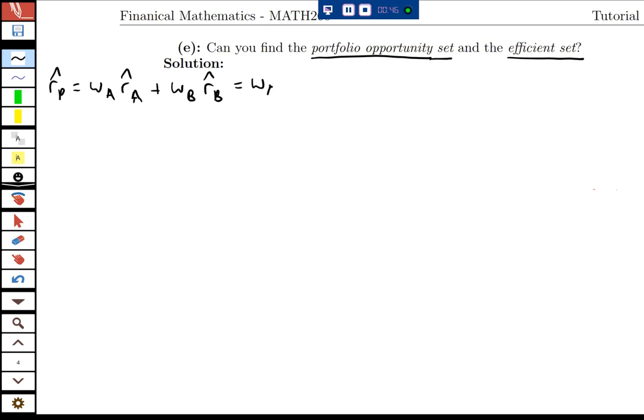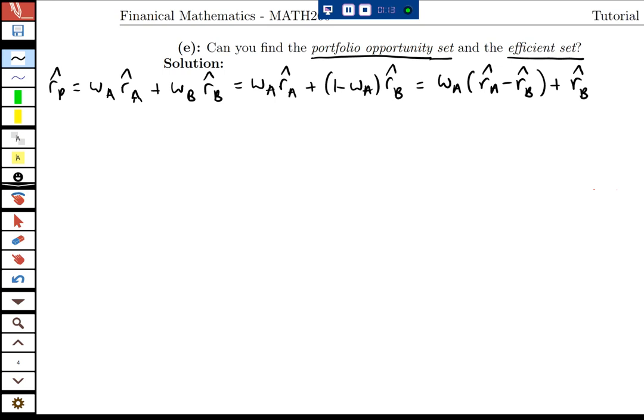Let's just play around with this a little. Actually, the weight on asset B is just 1 minus the weight on asset A, and we can simplify this. We collect together all those omega A's. We think of omega A as varying, and all these expected returns as constants.